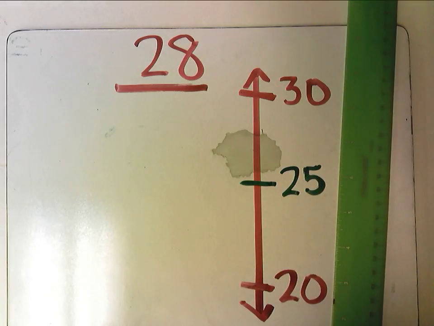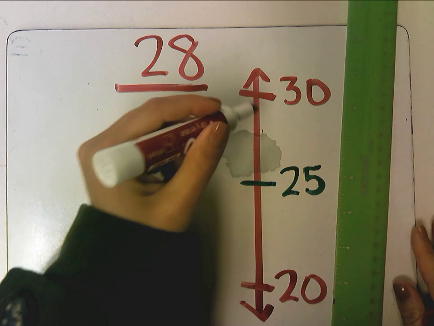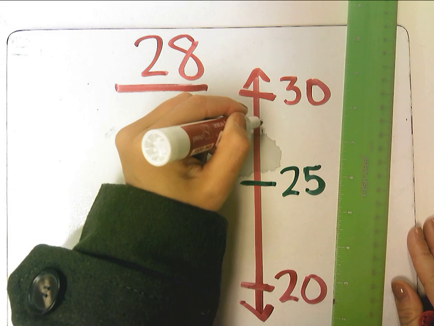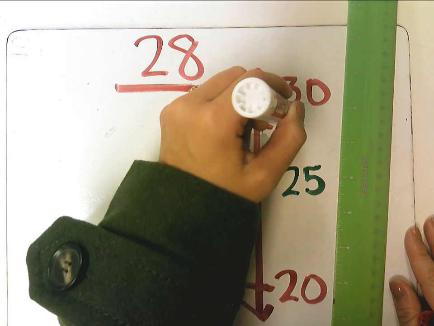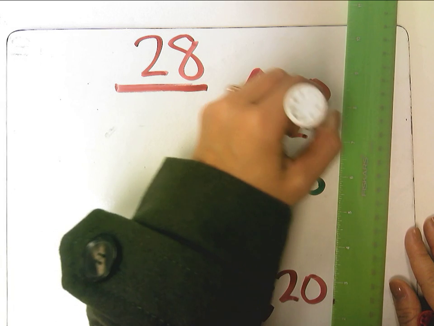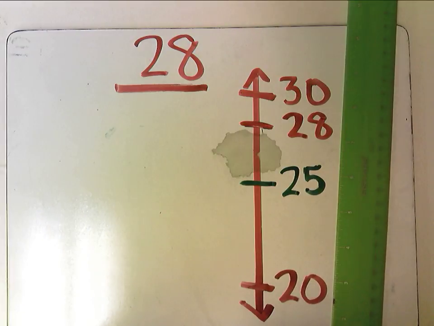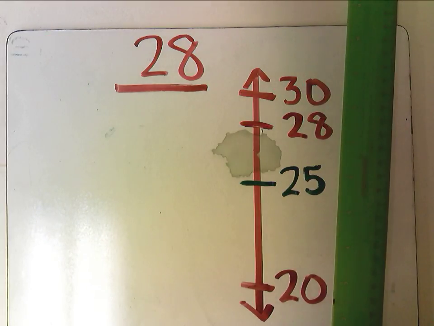We know that 28 is greater than 25. So we're going to draw a tick mark for it right about here, because it's more than 25, but it's less than 30. So we put the number 28 right there.